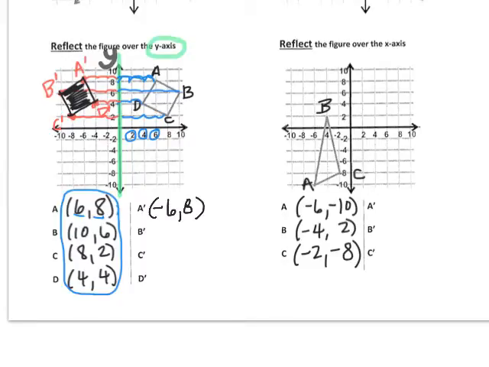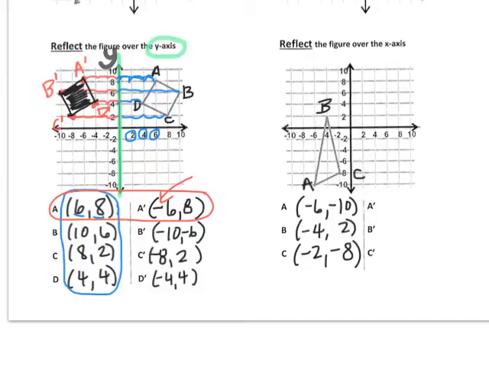Looking at the original point, what is the only difference between these two? What's the only difference between A and A prime? Well, it looks like the x value is the opposite sign, because now the x value is negative. So let's see if that's true for the other 3 points as well.